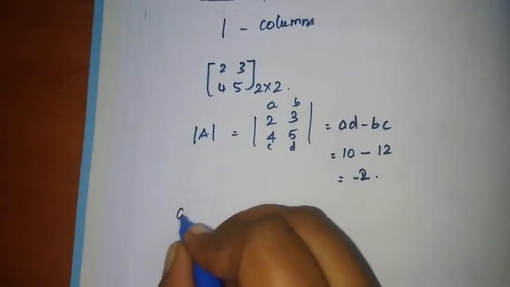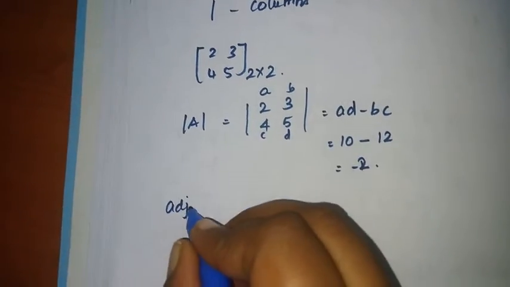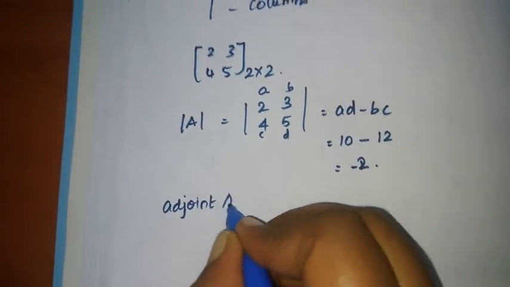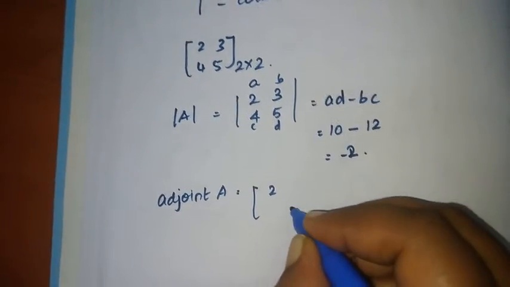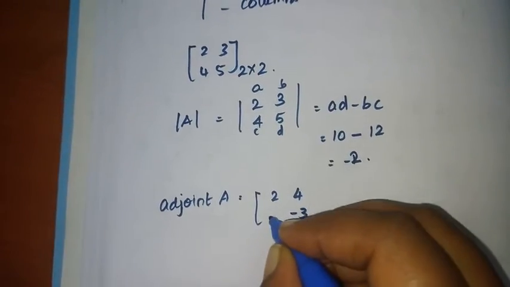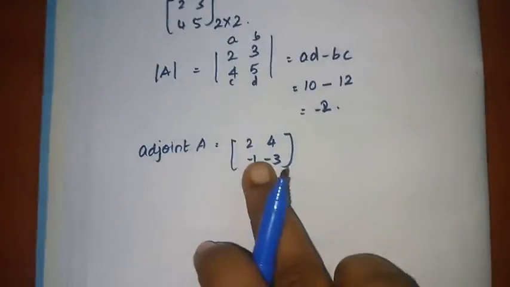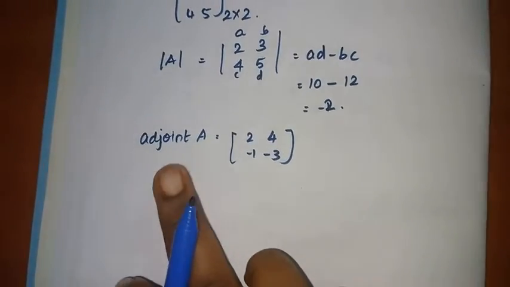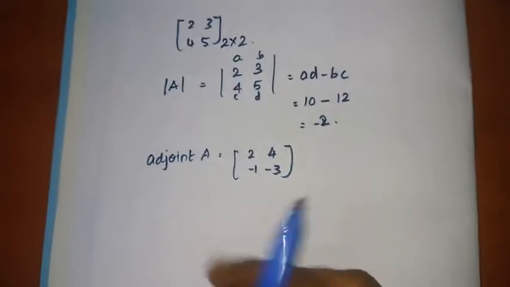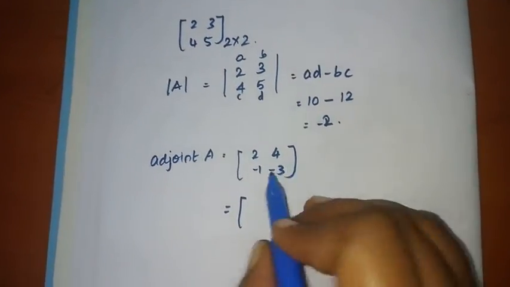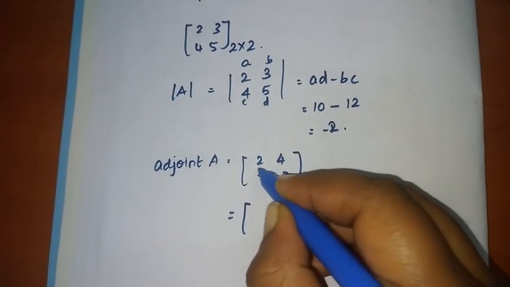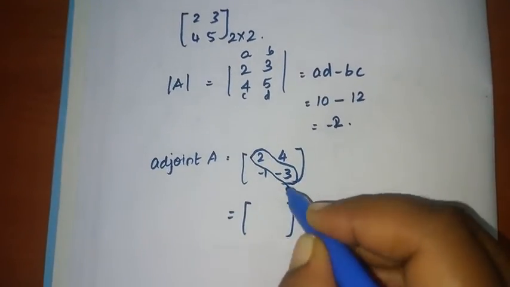And then how do we find adjoint A? For example, 2 minus 3, 4 minus 1. In this 2 by 2 matrix, we want to find adjoint A. As with the determinant, first we replace the leading diagonal.